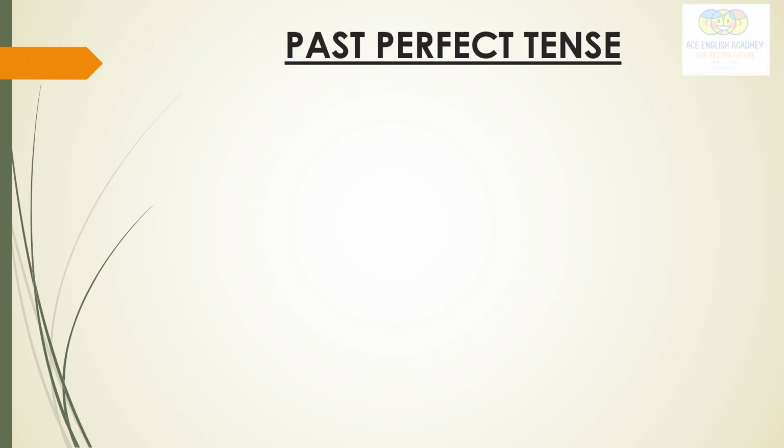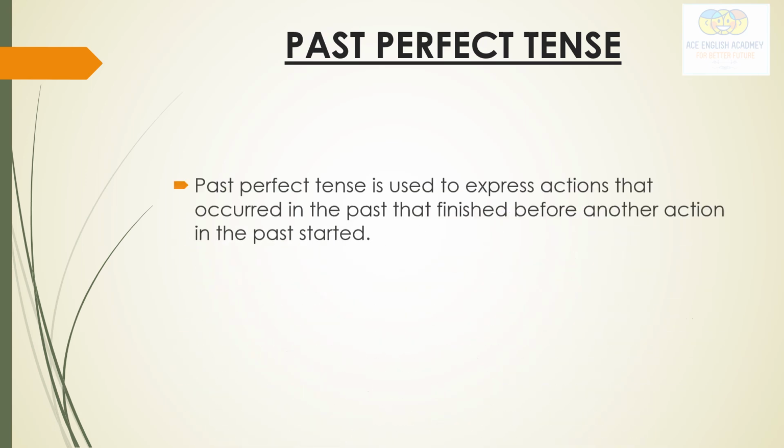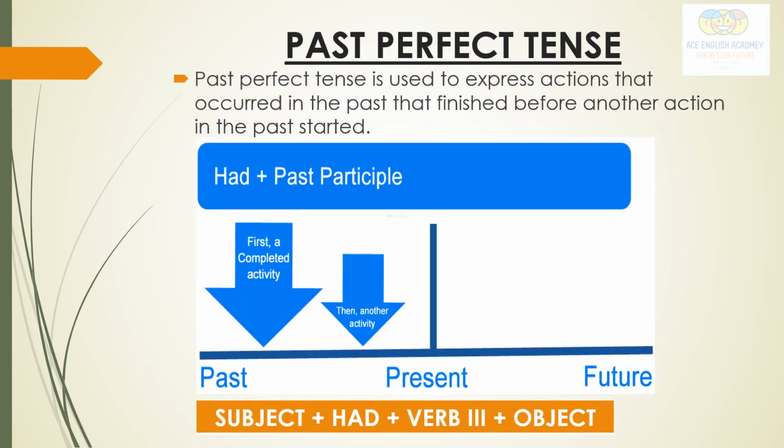Before coming to the examples, I will explain this past perfect tense with the help of this figure. I have already explained that past perfect tense is used to express actions that occurred in the past and finished before another action in the past started.